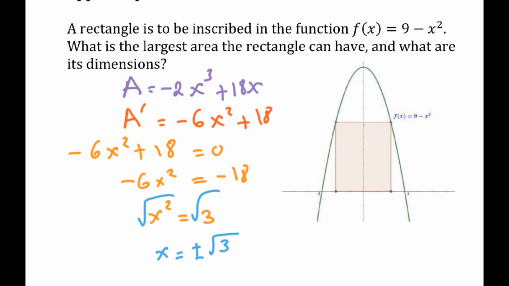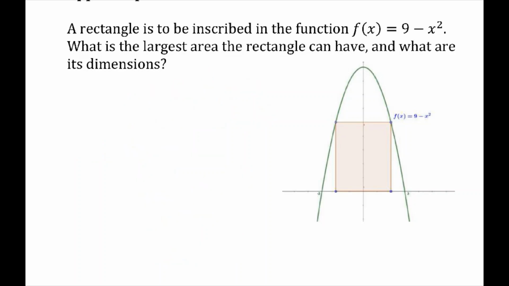Now, let's find the dimensions. L equals 9 minus x squared, W equals 2x.